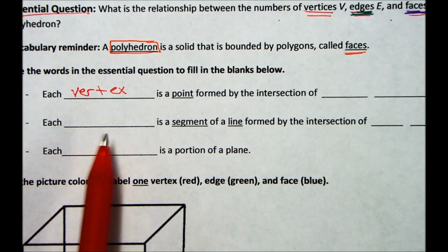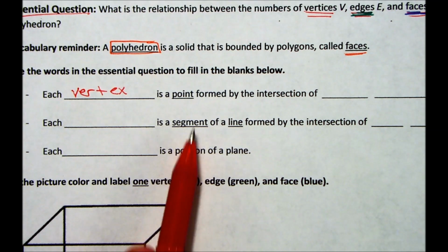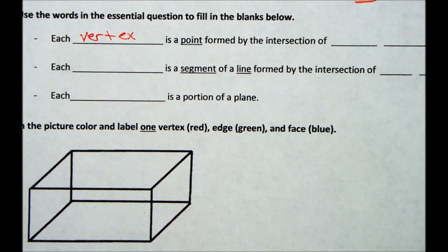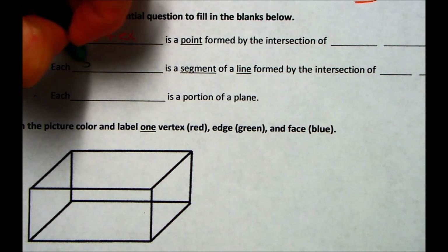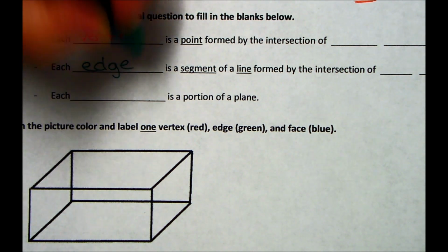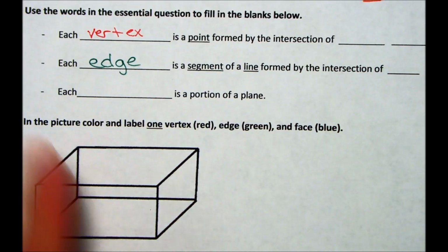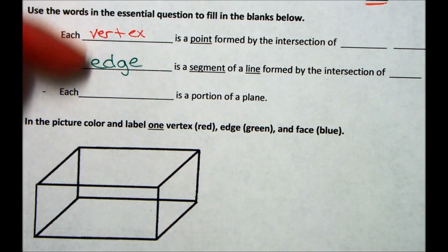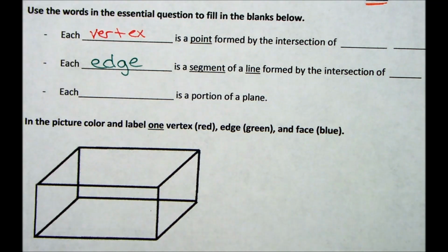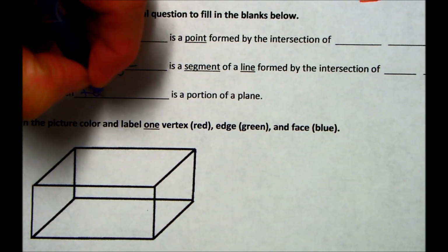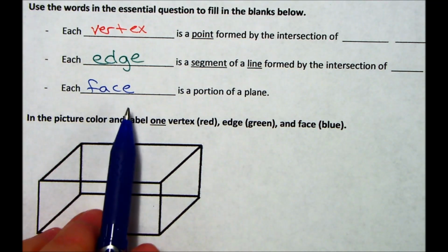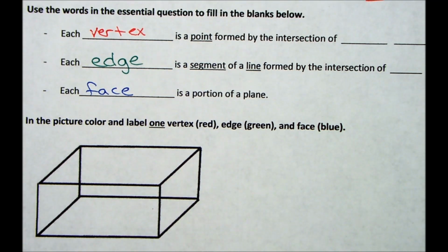The next one says each blank is a segment. Well, if you look at your picture, a segment is going to be the edge. And then each blank is a portion of a plane. Since we've already used vertex and edge, hopefully you figured out that the third line is for face. So these are the three things that we're looking at in our polyhedron.